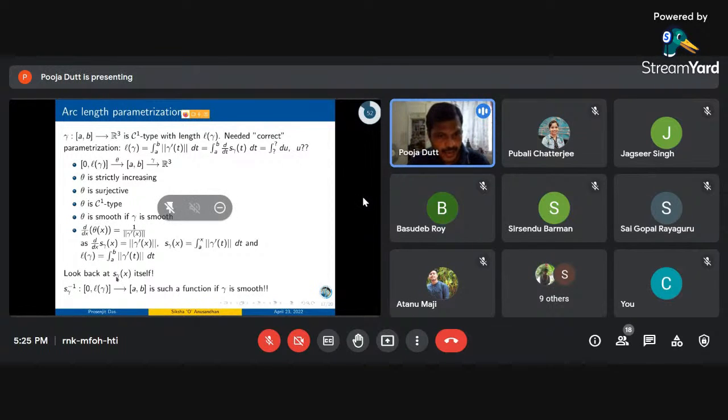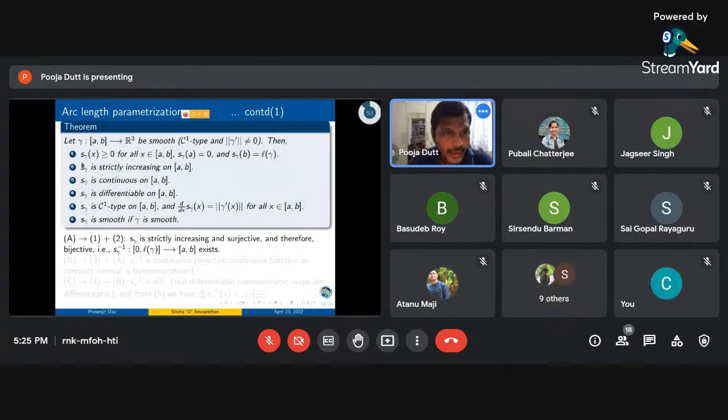This S gamma itself will do it. What was S gamma? S gamma was a function from AB to 0 to L. What about its inverse? So the question is, is the inverse existing? The answer is yes, that is also true. So here are the properties of S gamma we have noticed.